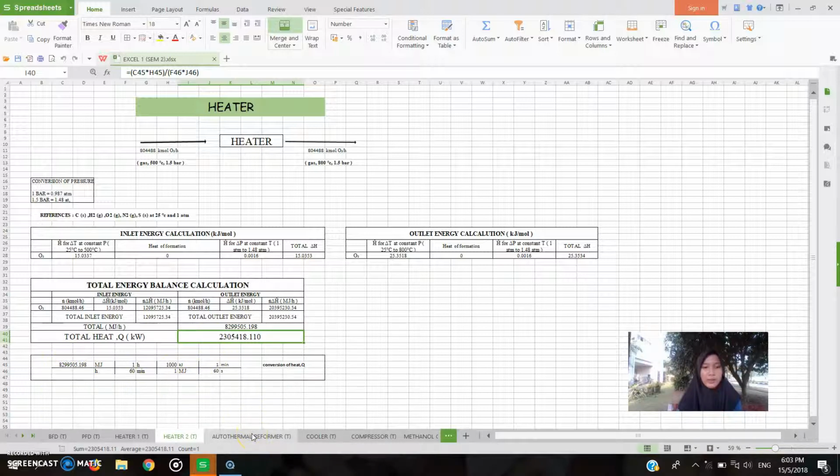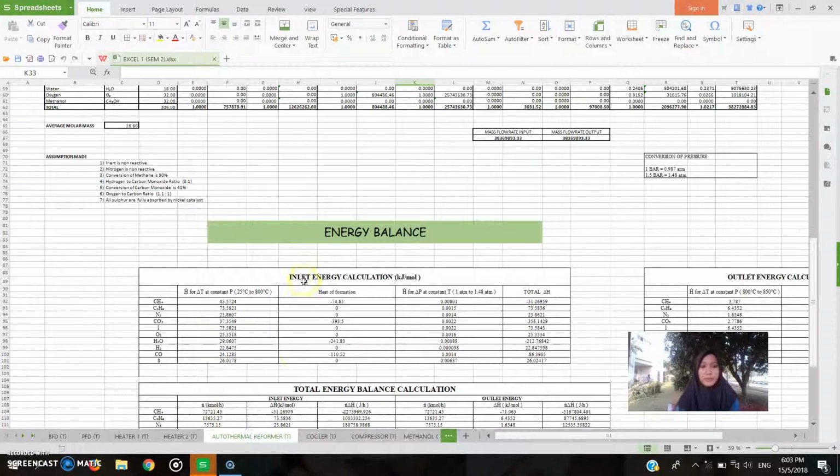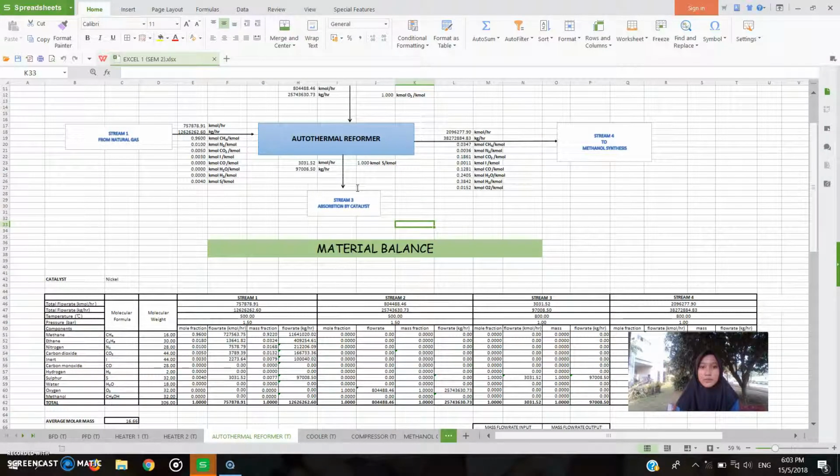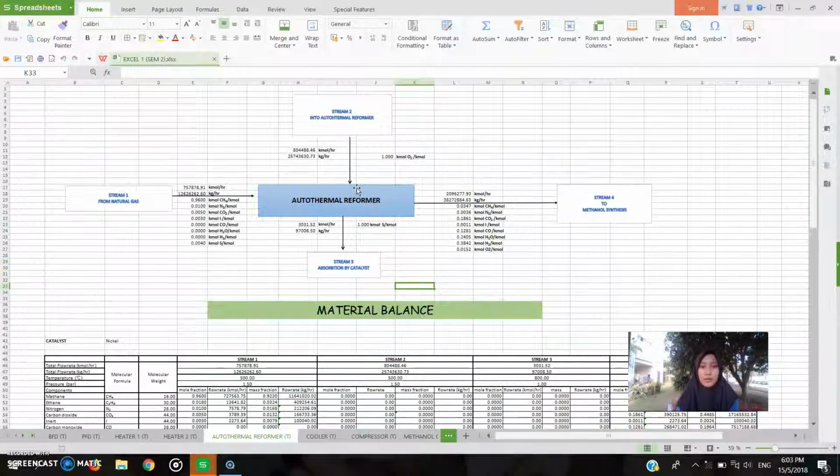Then the two inlet streams will go to our autothermal reformer. Basically the autothermal reformer has 4 streams, two inlet streams and 2 outlet streams. The streams are already high in temperature, which is 800.